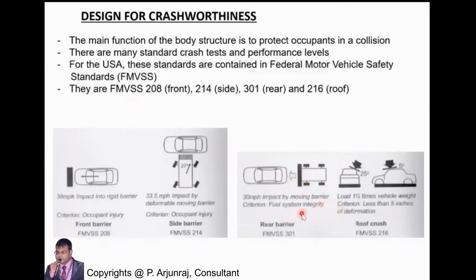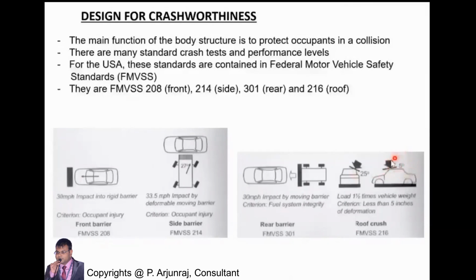And the last one is the roof crush. You can see the name is mentioned as 216. This is the roof. You can also have a load acting onto the top of your vehicle, for example the load acting at the roof top at 5 degrees.